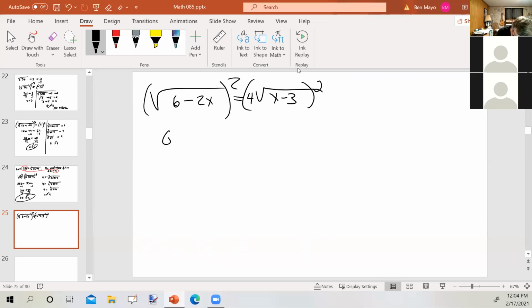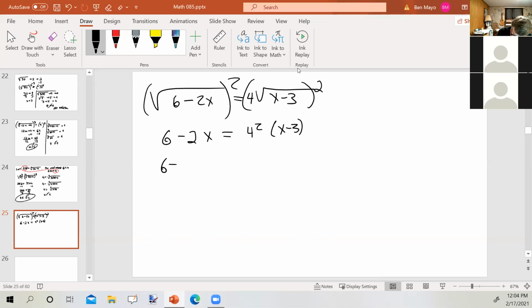On the left side, I get 6 minus 2x. But on the right side, I've got to be careful, because not only are we going to square the square root of x minus 3, we're also going to square the 4. We have a product raised to a power, so that 2 gets attached to the 4 and to the square root of x minus 3.